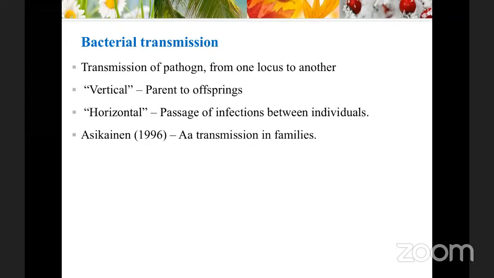But the Quirynen study showed that if you are doing removal of the etiological factors, the phase 1 therapy, all in a single sitting, there is a chance that horizontal transmission, or translocation from one locus to another, is reduced.